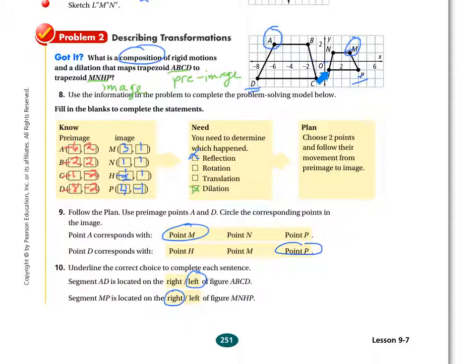And what's the scale factor? Look at from here to here. What do we do to go from -6 to 3? Divide by 2. Now I know that we don't have a negative, but why is there no negative there? Because I have a reflection, right?